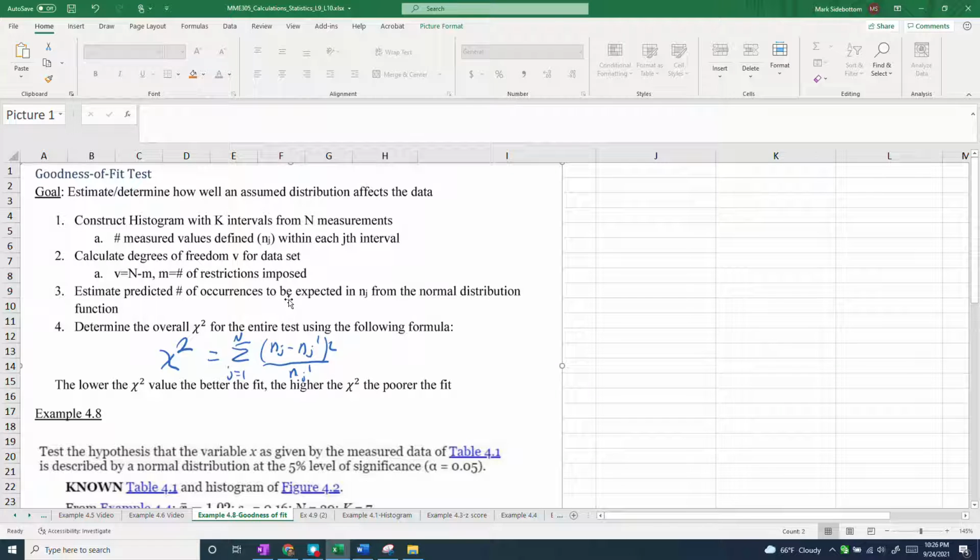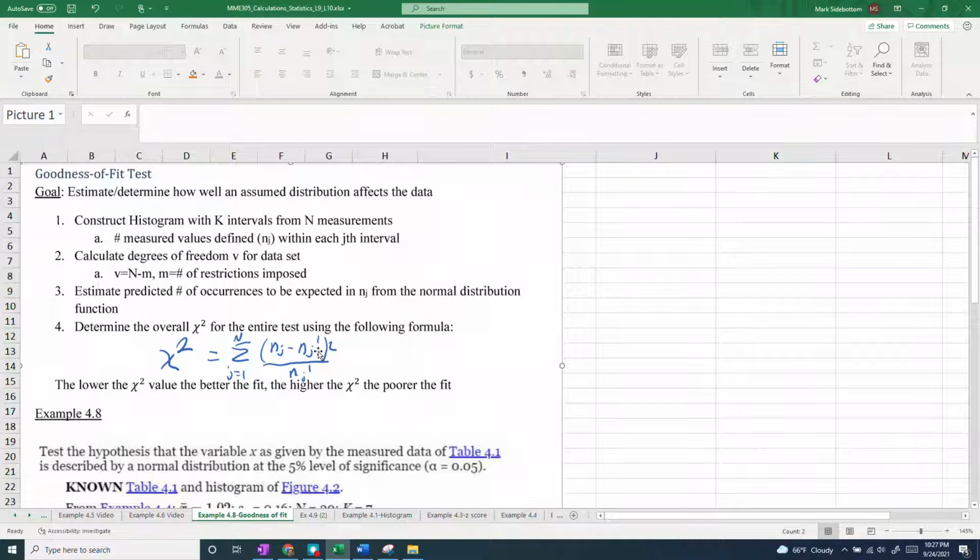First step is we need to construct a histogram. The second step is to calculate the number of degrees of freedom for a data set. The third step is to determine the number of predicted occurrences within each bin of the histogram. Then we can determine the overall chi-squared of the entire test using the formula shown below.